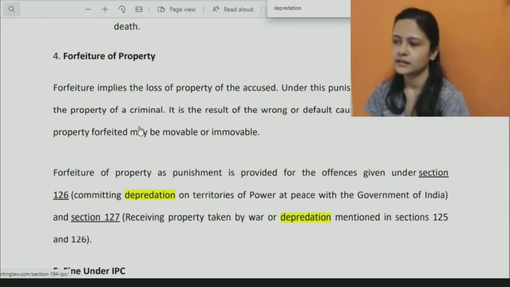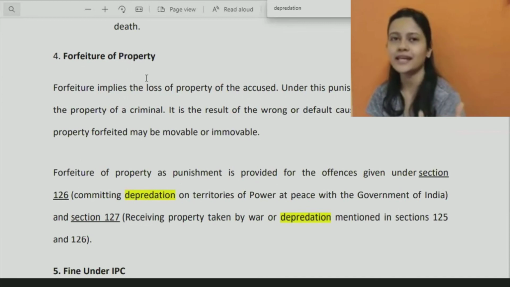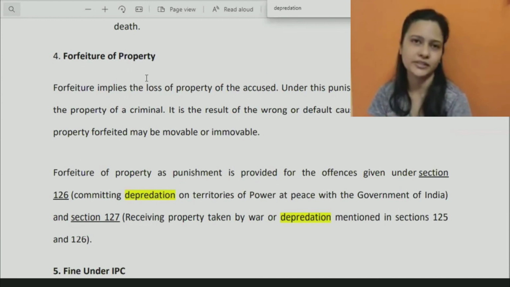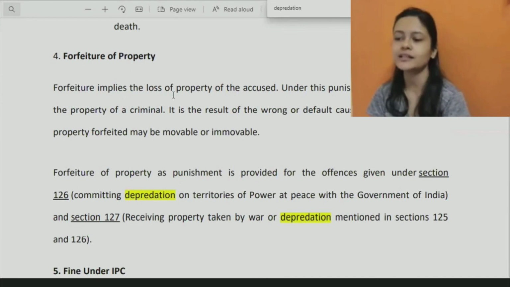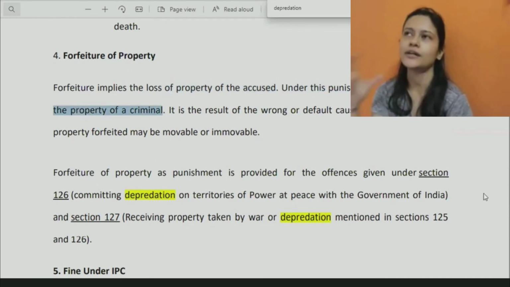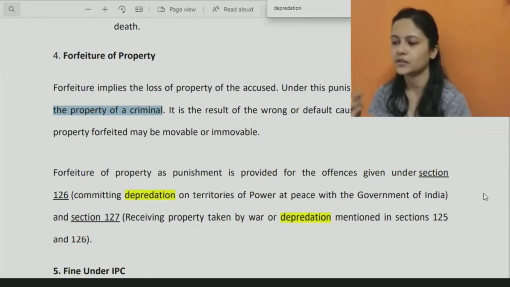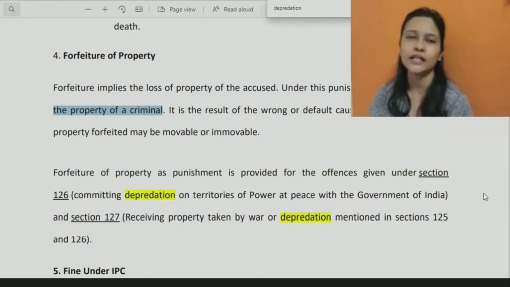Okay. Next one is forfeiture of property, which means taking property that a person has acquired. It is like a property which the person has acquired wrongfully and that will be seized by the state. Maybe because a person has acquired some property from a foreign country, or from territories which are at peace with the government of India.